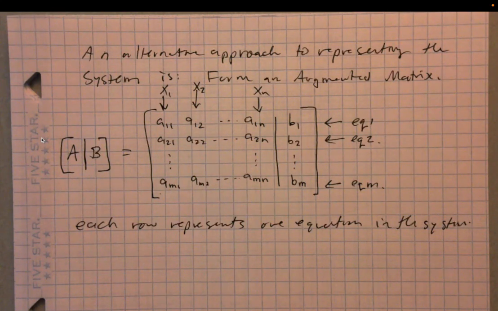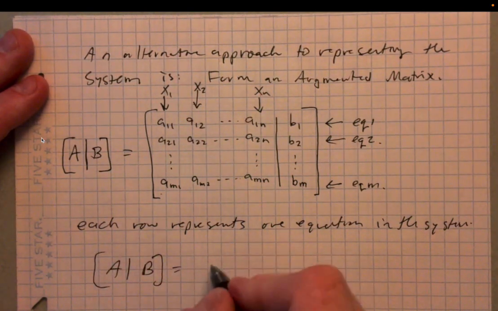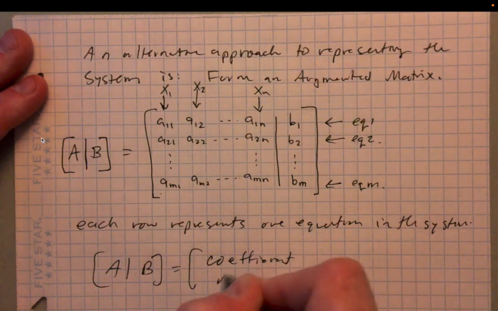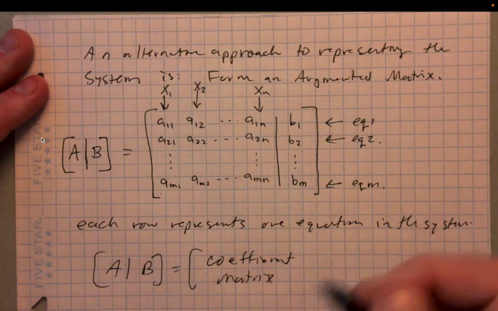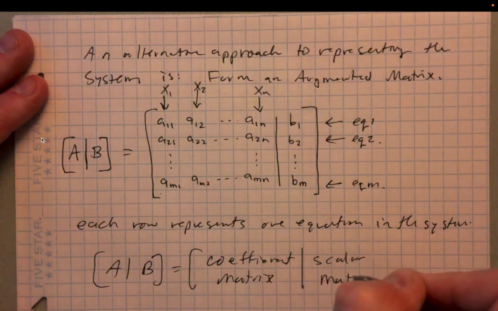All of the information as to what these numbers represent, what variables and equations they go with, is still retained by the position of the numbers. And so A augmented with B is really the coefficient matrix together with the scalar matrix.